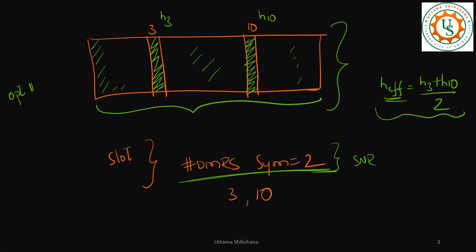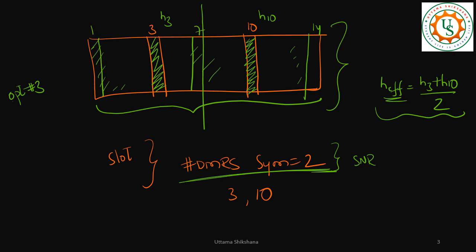Say for example I will divide this into equal parts, which means if we have 14 symbols, here we have the seventh symbol, right? This is the first symbol.